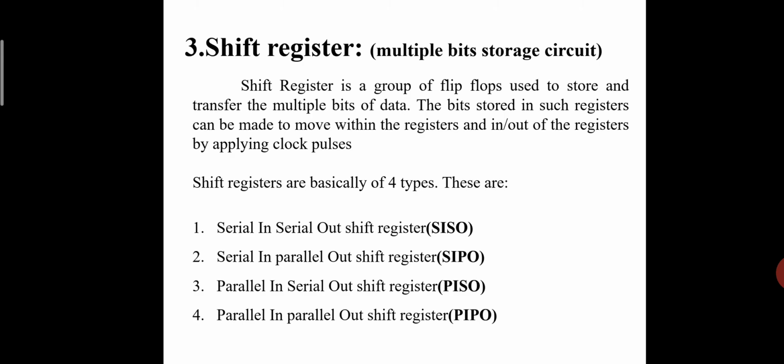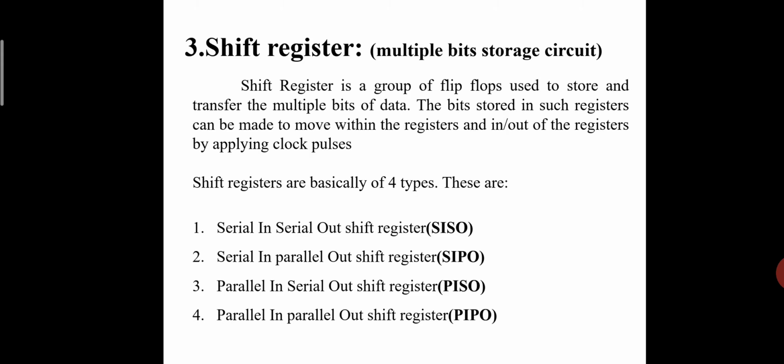If we have n number of flip flops, then we can store n bits of information. Bits can be stored in such a register and made to move within the register and in and out of the register by applying clock pulses. So by the application of clock pulses, it will store and transfer the information.